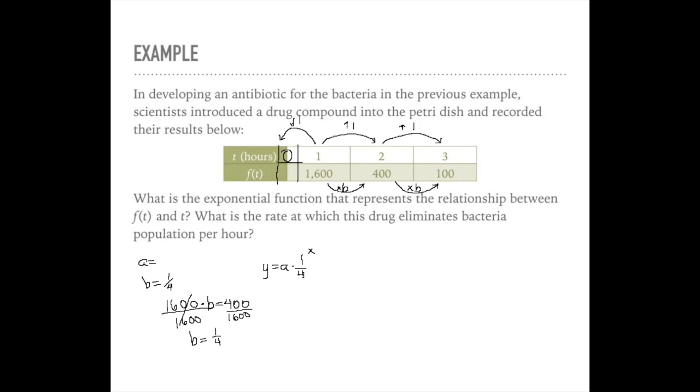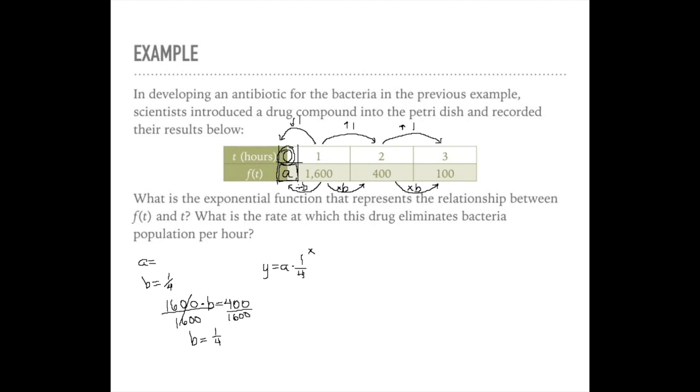Now we're going to do the opposite of going up by 1, so we have to do the opposite of multiplying by b, which is dividing by b. And that'll give me my a value, because a is the y value when x is 0, which is right here. So if that's the case, let's see what happens when we do that.